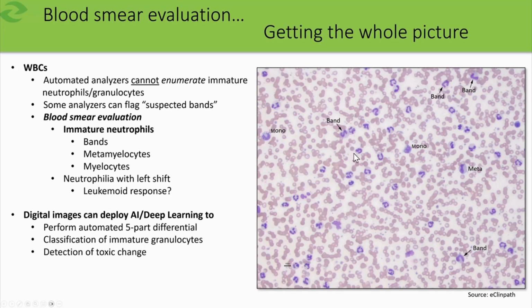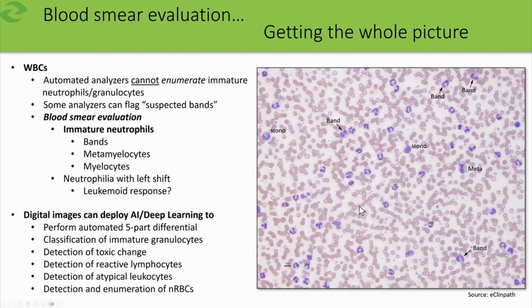Additionally, detection of toxic change should be available for deep learning. It's something that we're working on, trying to identify that using deep learning and training some models to identify toxic change in the neutrophils. You can also detect reactive lymphocytes, so immune-stimulated lymphocytes, and even atypical lymphocytes or leukocytes that don't fit into the immature granulocyte category.